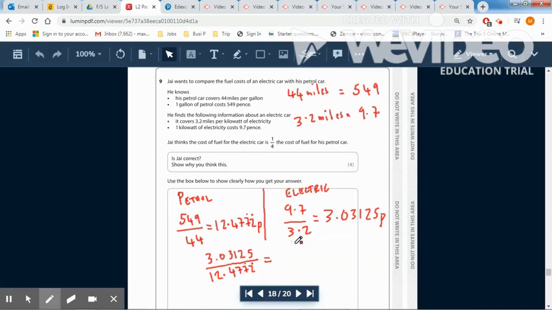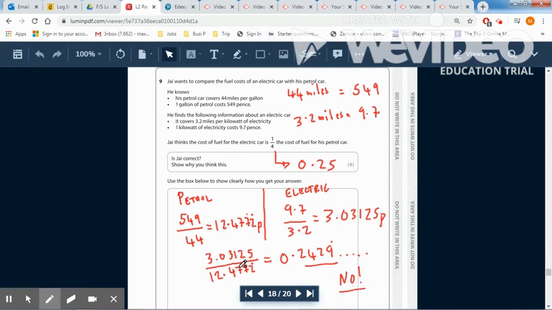So if we put that into a calculator, we're going to end up with 0.242, 9 recurring, and then a load of other numbers. And we know that a quarter, if you write that as a decimal, is 0.25. So is it a quarter? Is it 0.25? No.